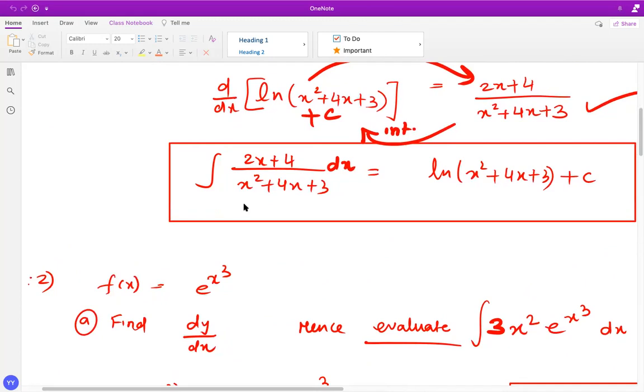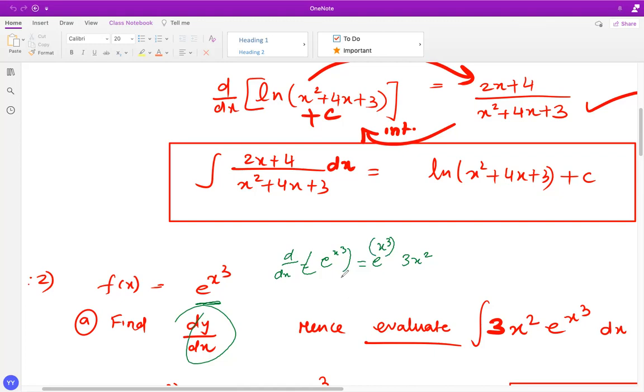The question here is to differentiate e to the power x cubed. The derivative of e to the power x cubed is e to the power x cubed itself times the derivative of x cubed, which is 3x squared.